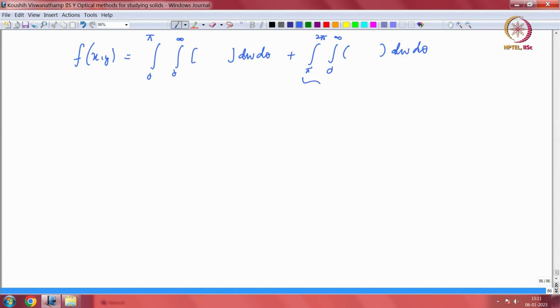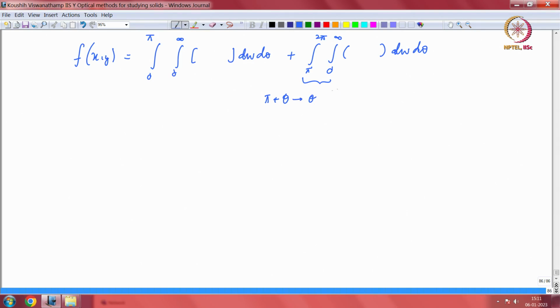Now, in the second integral I can change variables. So, I change pi plus theta to theta, okay. So, pi plus theta I am going to call theta, right, which means I have to subtract pi from the actual theta that is in the integral.